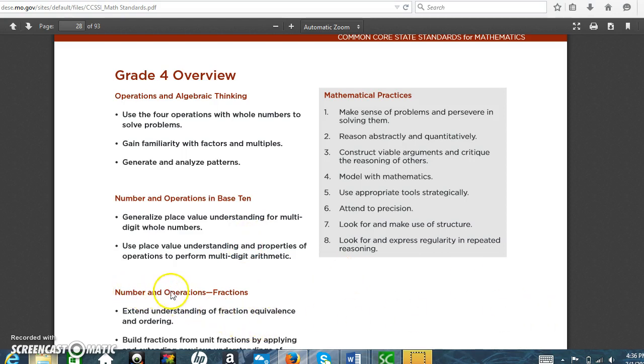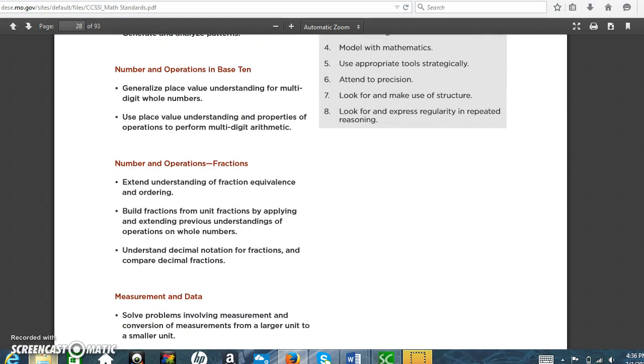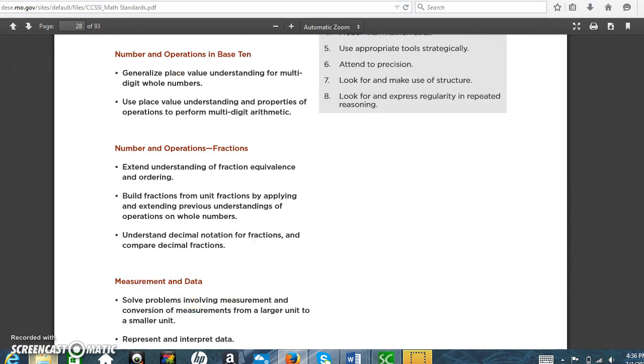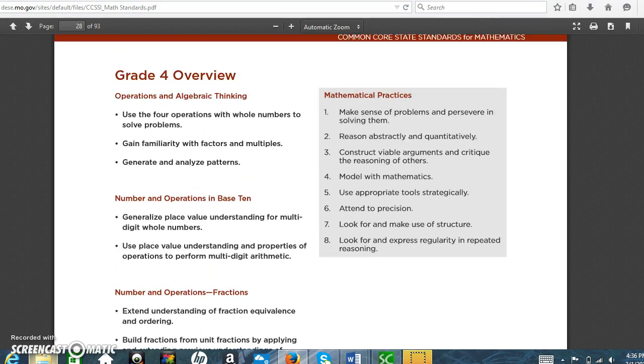And then we have numbers and operations of fractions and the subtitles that fall underneath those. Measurement and data. And then finally geometry. So in 4th grade math, those are the particular areas of mathematics that the concentration of the Missouri Learning Standards focus on.